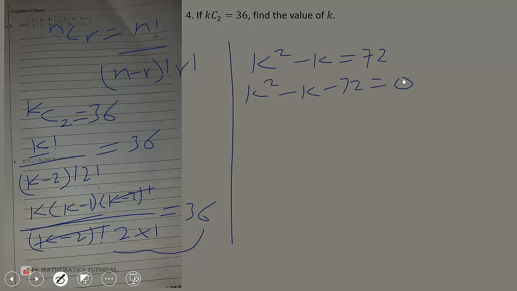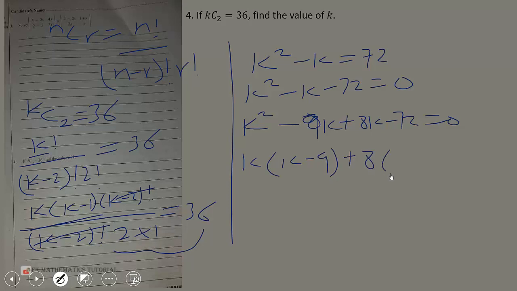Let's see, 9 and 8. So that will be 8 minus 9. So k squared minus 9k plus 8k minus 72 equals 0. So we have k into brackets k minus 9, then we have plus 8 outside, k minus 9 equals 0.